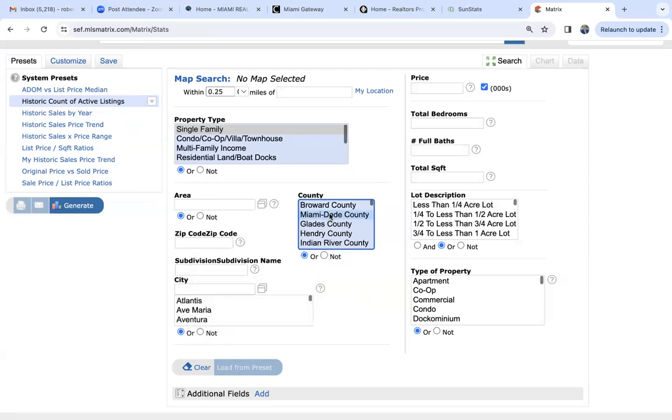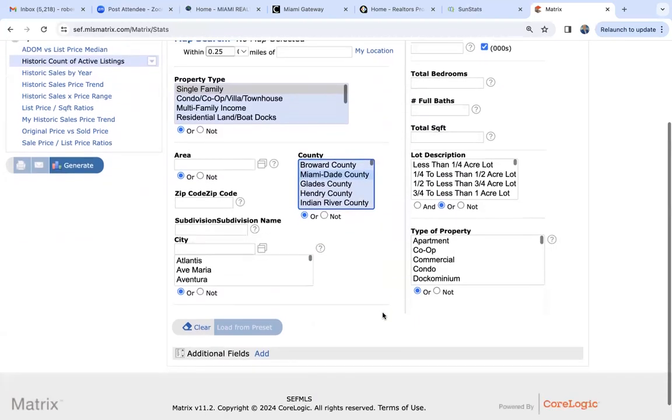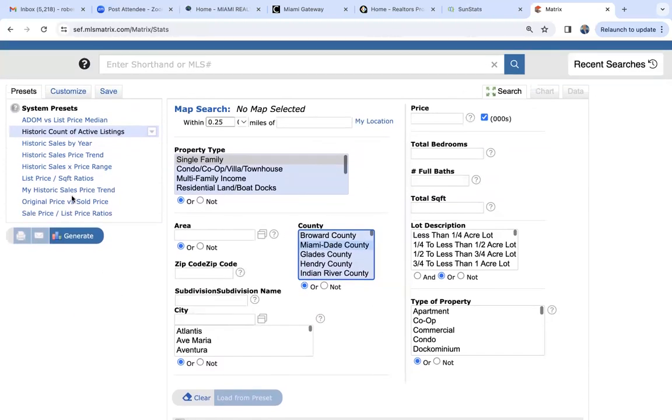We're going to do this for all of Miami-Dade County in any price range. I just want to know how much inventory there is in all of Miami-Dade County for a single family home. So let's go ahead and click on generate. All right, so we're going to wait a few seconds and we're going to see our results coming up shortly.